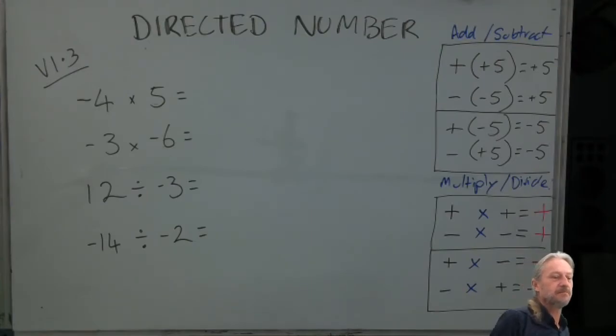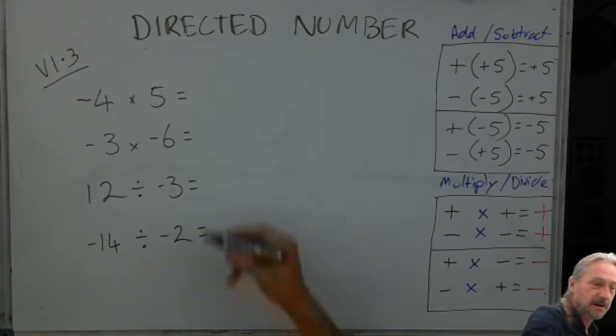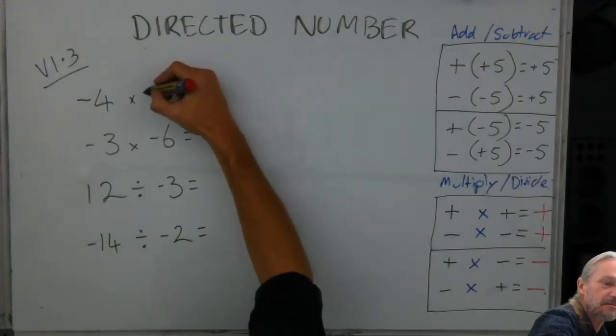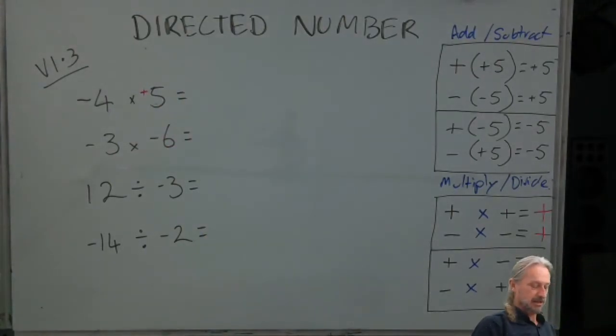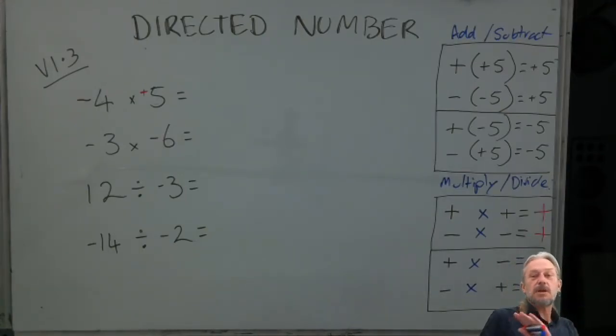So we've got, so really this 5, because we don't have a sign written, is a sneaky plus. It's a positive number. So what we do is we just ignore the signs at the start.